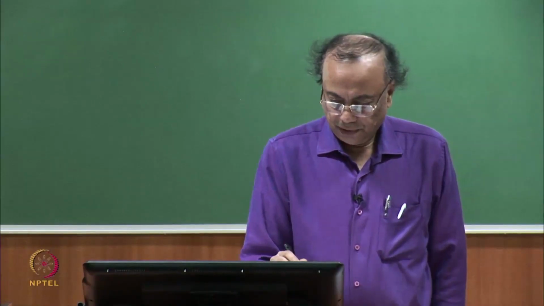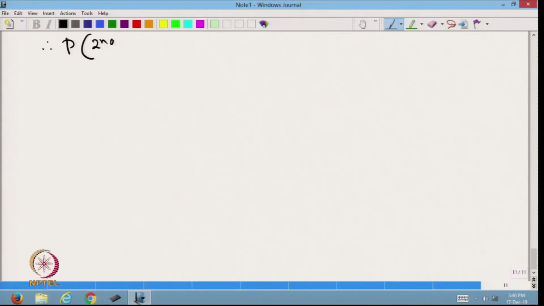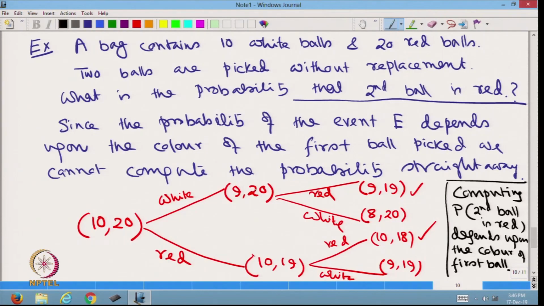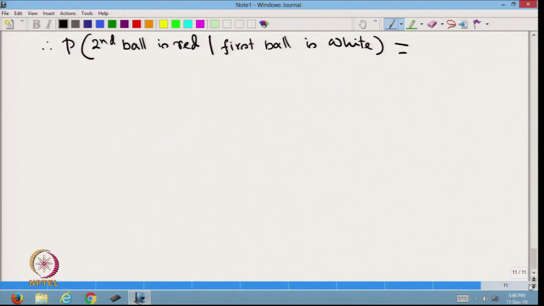Therefore, the probability that the second ball is red given the first ball is white is equal to 20 upon 29, because there are 29 balls of which 20 of them are red. Therefore, this probability is going to be 20 upon 29.